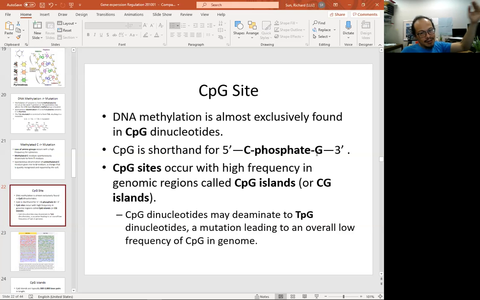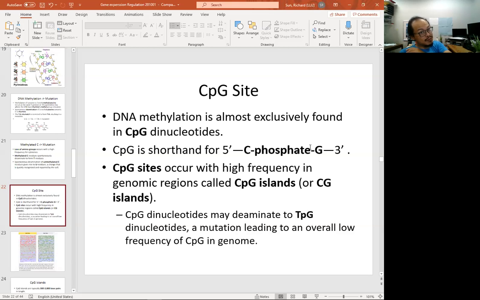So from the head to the tail, we have CG, that kind of sequence, instead of GC. And we call it CpG because P is the one to connect these two. It's a phosphate backbone. So CG, not GC.